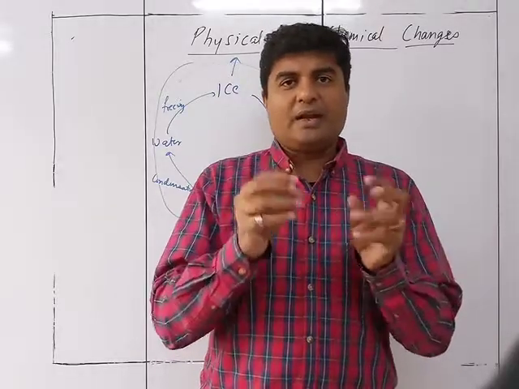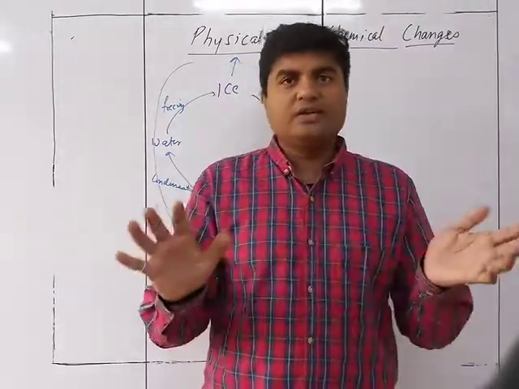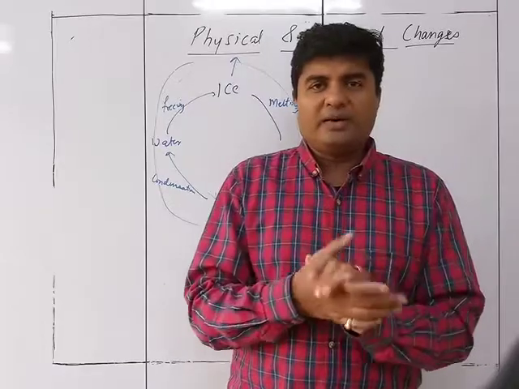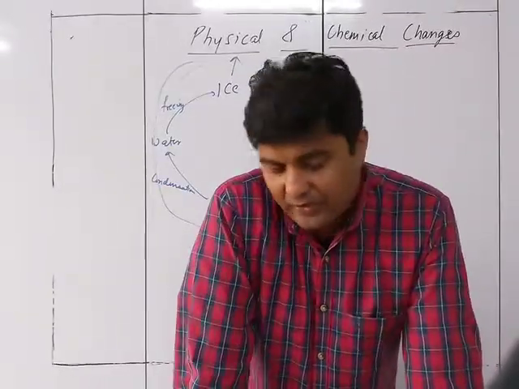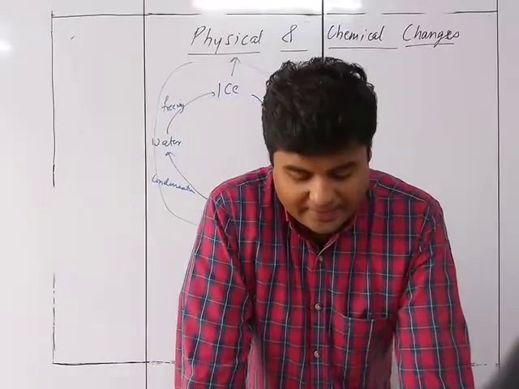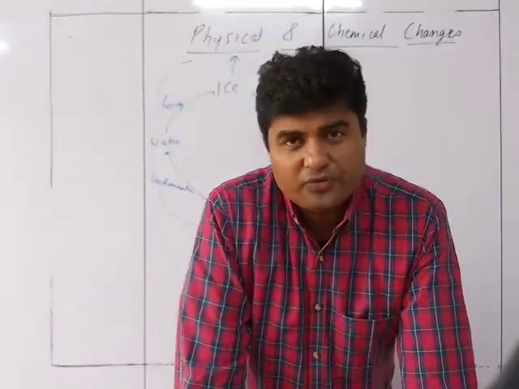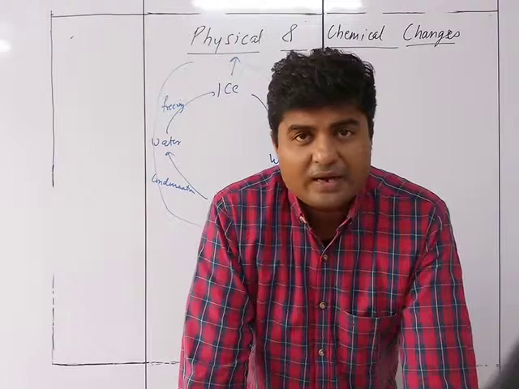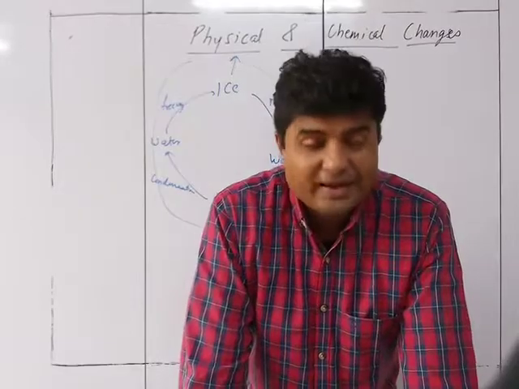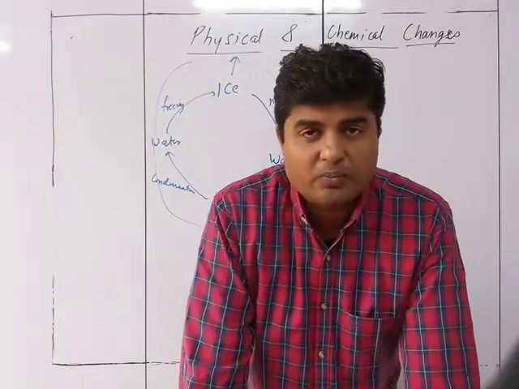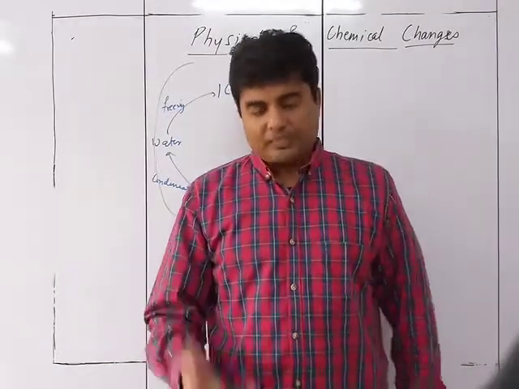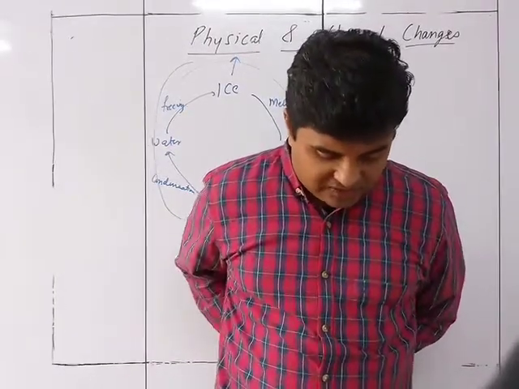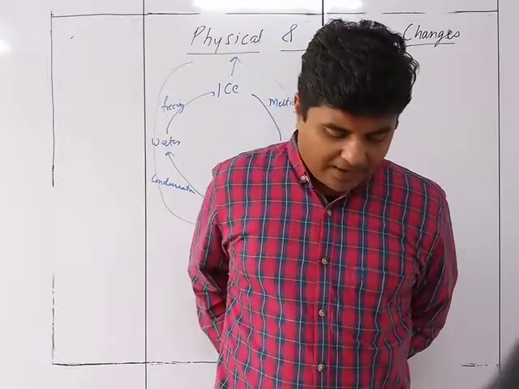So there is no change in the properties of the platinum. When it is heated, it becomes hot, and then it comes back to its original form again. So that's why heating of a platinum wire, not burning, because it doesn't burn. When it doesn't burn, it is just a physical change. So heating of a platinum wire is a physical change.